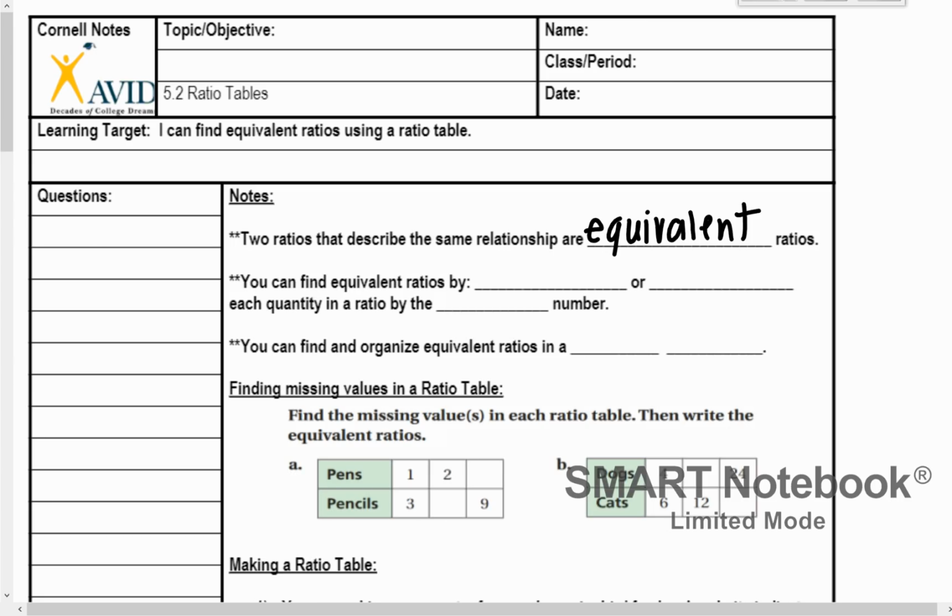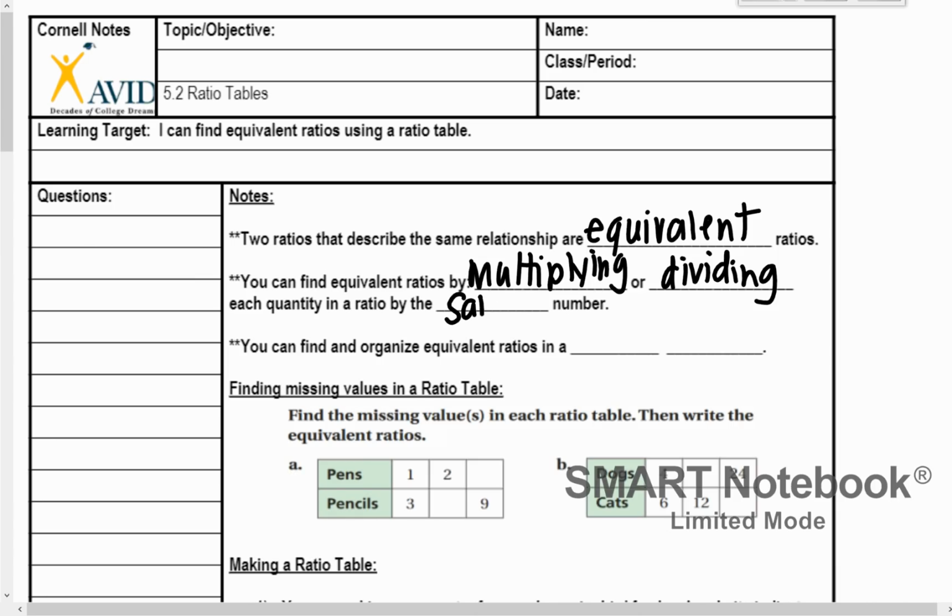So an unsimplified ratio and a simplified ratio are equivalent ratios. You can find equivalent ratios by multiplying or dividing each quantity in the ratio by the same number.